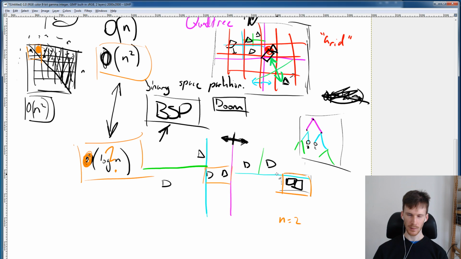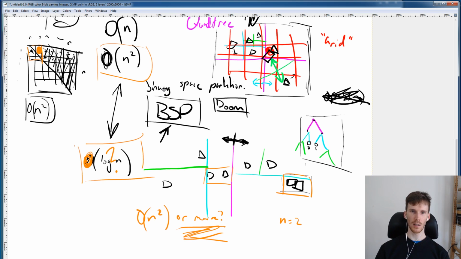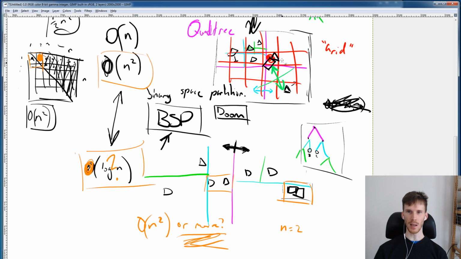However, inserting things into this tree is probably O(n squared) or more. I can't remember. That's why you want to use it when you can pre-compute it. Exactly. So this is the trade-off you're making: how much does it take to insert and remove things into this data structure versus how much it takes to look up and how much memory it takes.